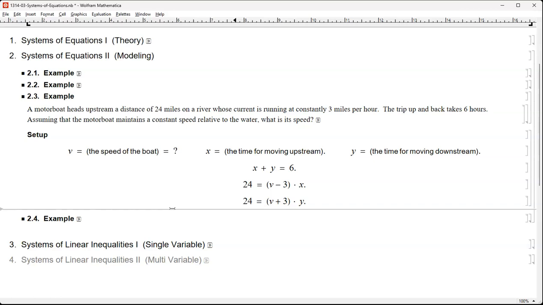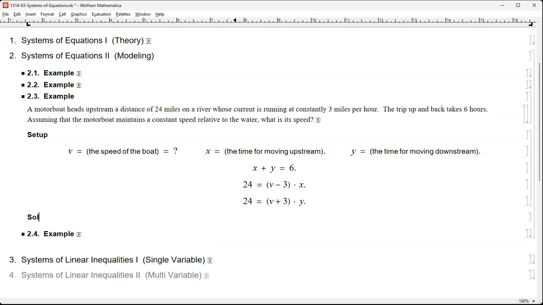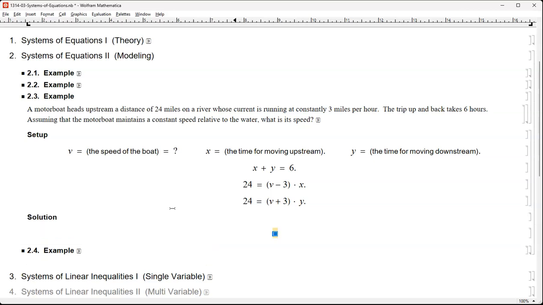Now let's solve this system. How do you solve the system of nonlinear equations? Well, it's nonlinear, so elimination probably will not work. So we'll have to use substitution. And also, the problem is asking for the speed.